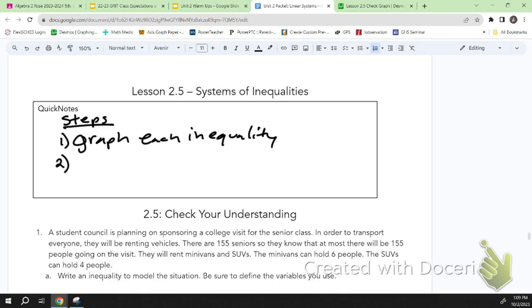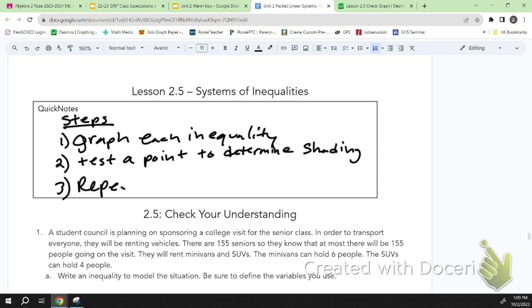Pick a point. Test a point to determine the shading. We're going to repeat with all the inequalities.